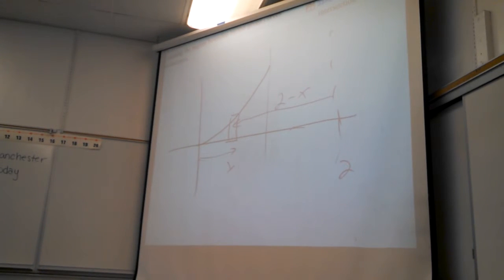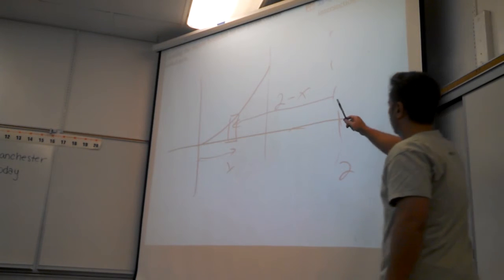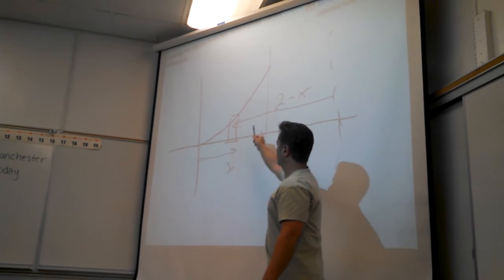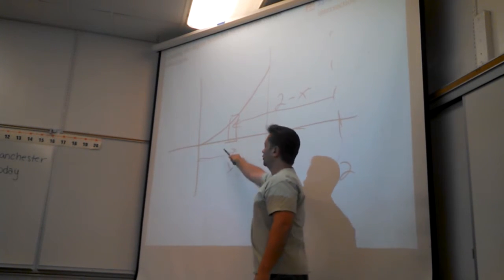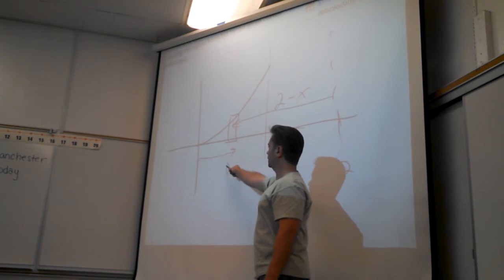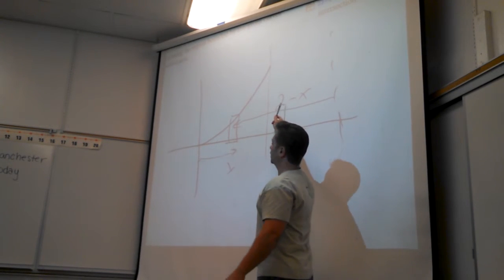The radius is the length from the axis to a rectangle, right? So the radius is 2 minus x, because I got to go from the axis to the rectangle. If this whole thing is 2, and this is x, this is 2 minus x.